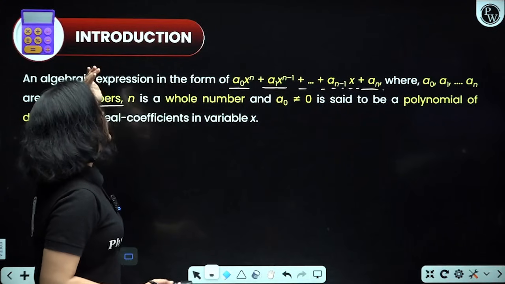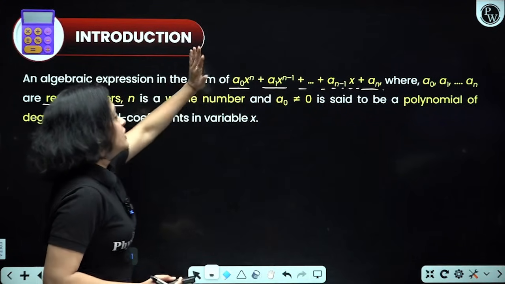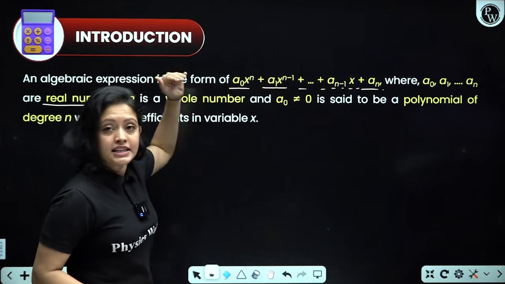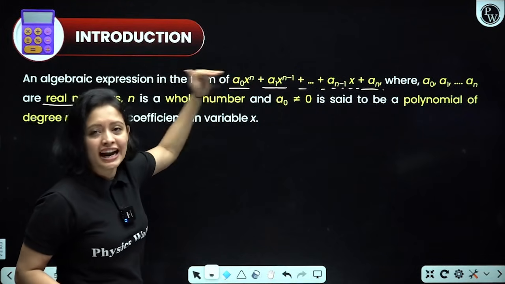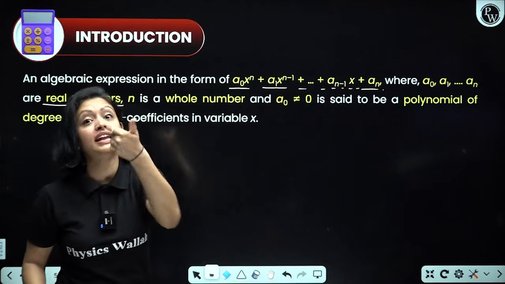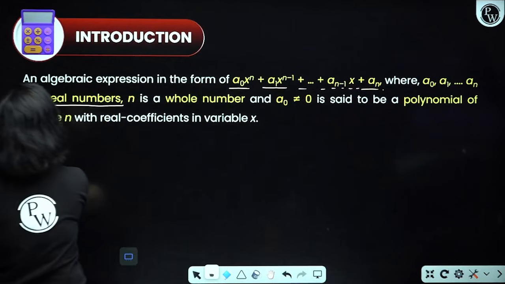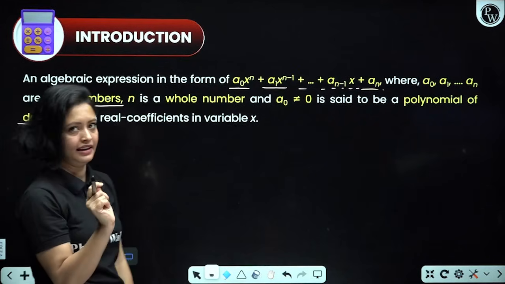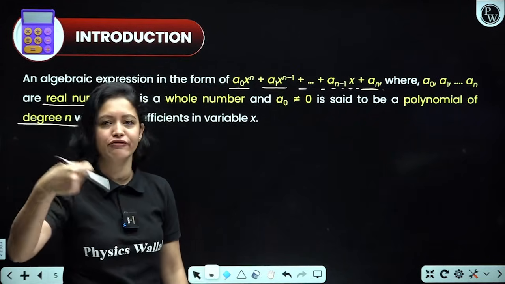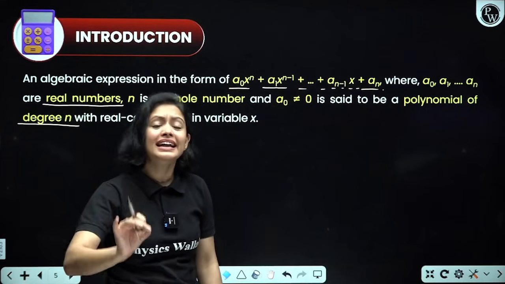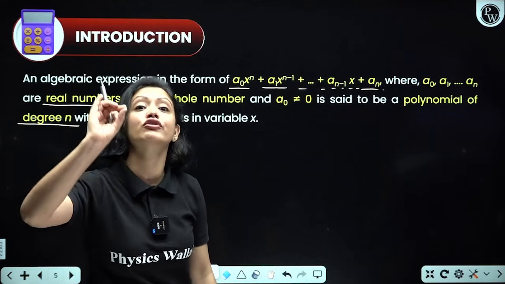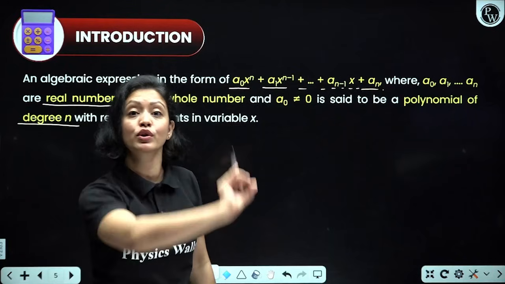Now another thing, this entire thing is the standard form of a polynomial in the variable x, right? And it has a degree n. What do you mean by degree? We'll see the definition of degree, but for now remember, degree is the highest power of the variable in the entire polynomial.